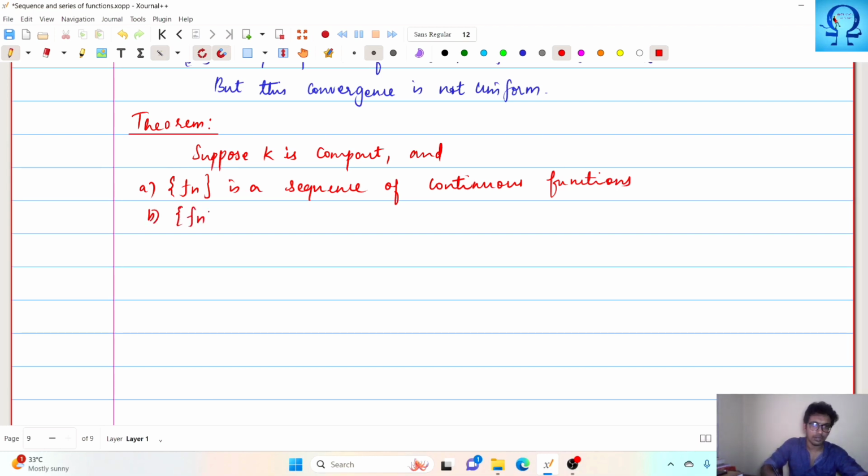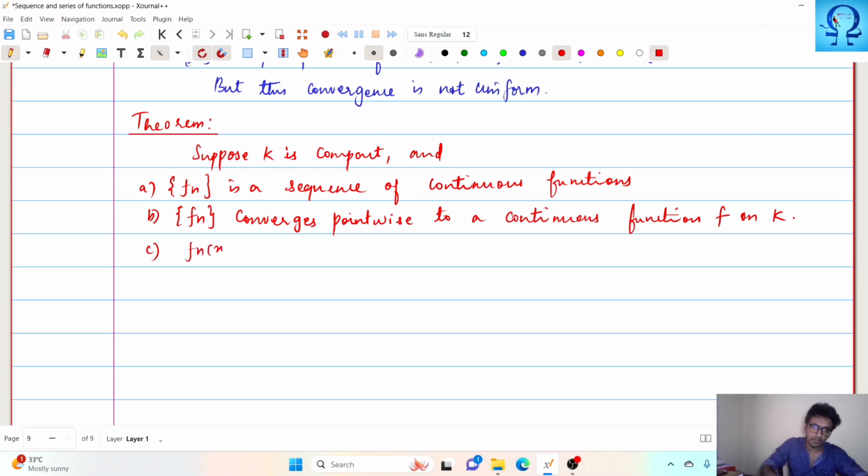Then fn converges pointwise to a continuous function f on K. Then fn of x is greater than or equal to fn plus 1 of x for all x in K and n running from 1 to infinity.